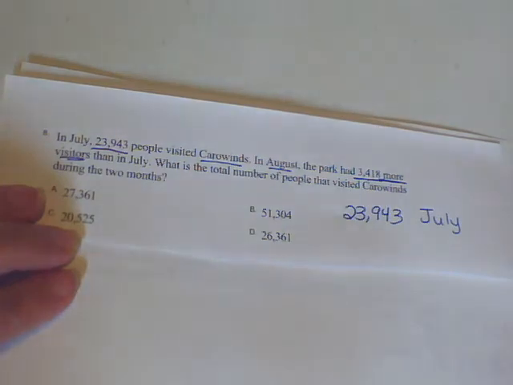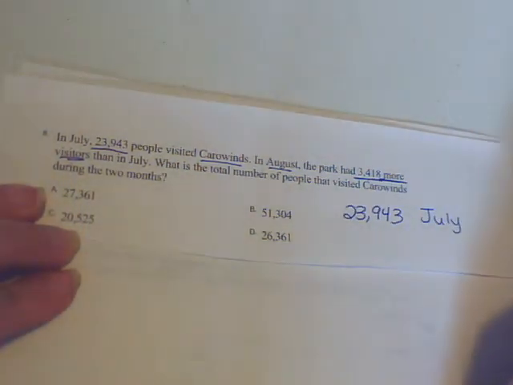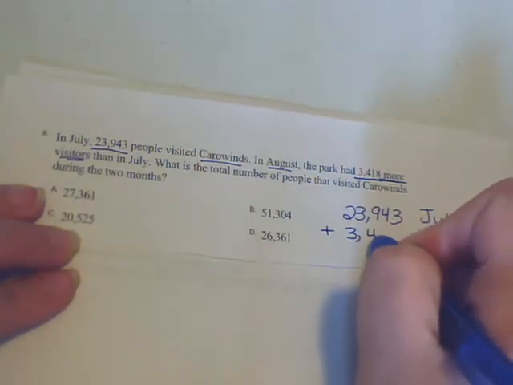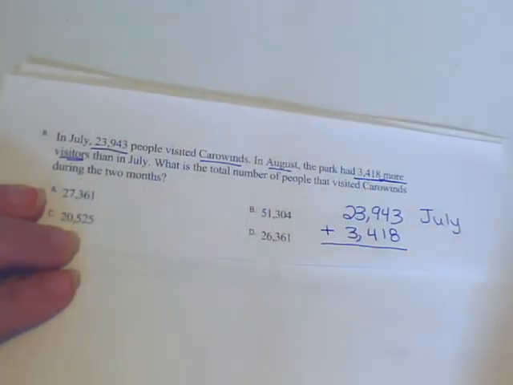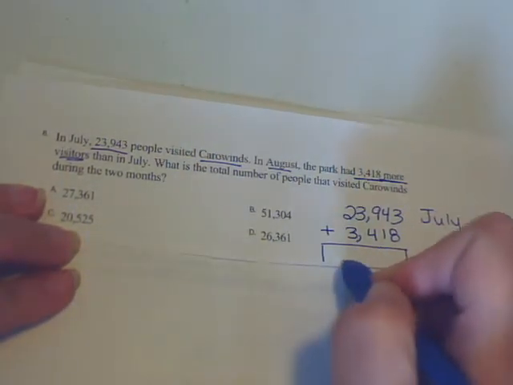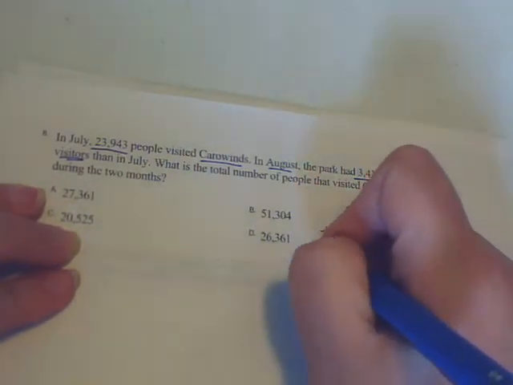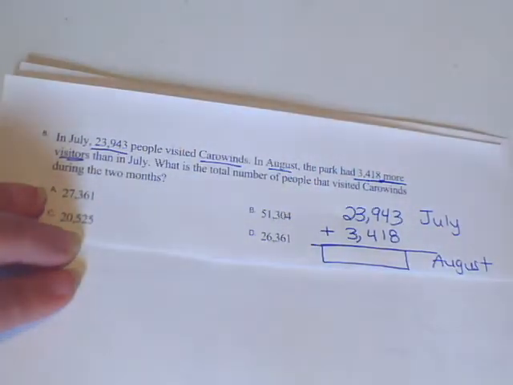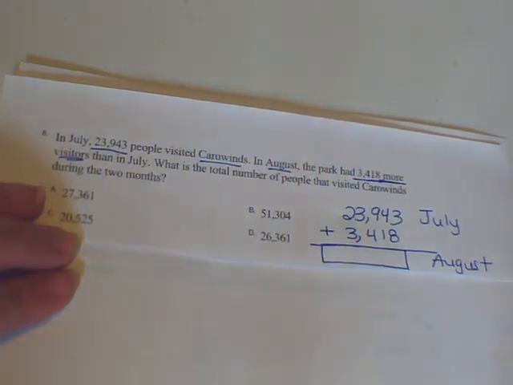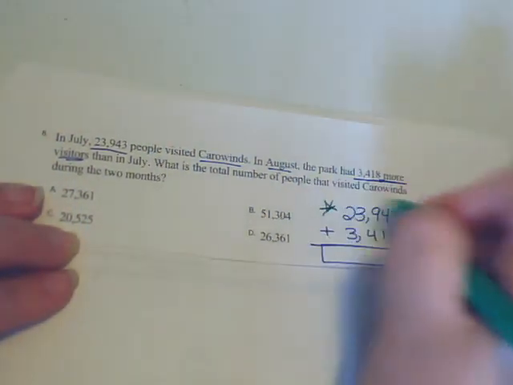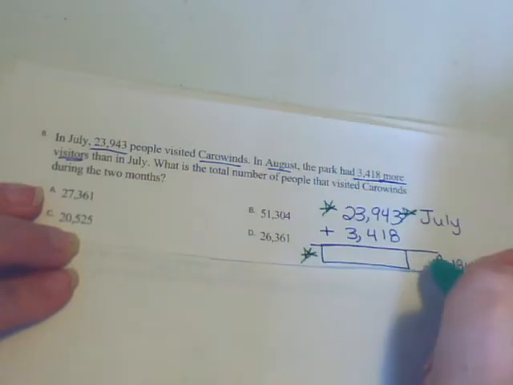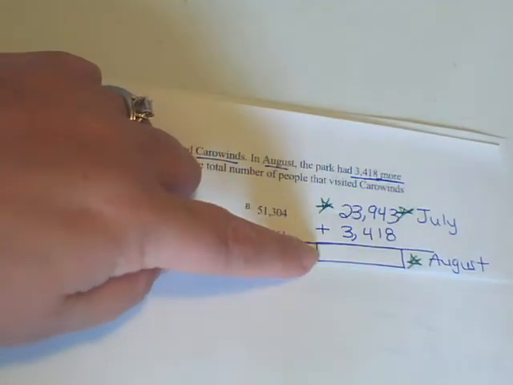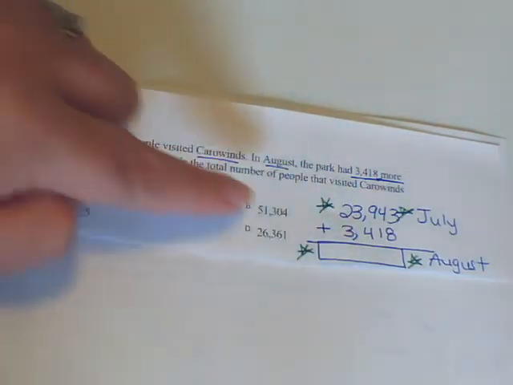But we know that in August, the park had 3,418 more people. So I would have to add both of those together to get my August total. Then I would have to take the number in July and the number in August, and add those two numbers up to find my total amount.